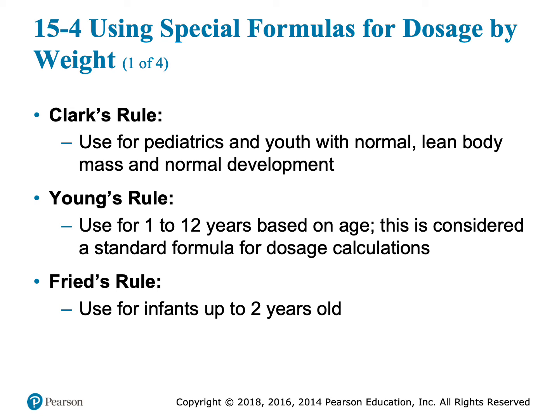The second rule is called Young's rule, and it's used for individuals 1 to 12 years old, and it is based on age. It is considered the standard formula for dosage calculation. Young's rule is the standard one. And lastly, Freed's rule is used for infants up to 2 years old.